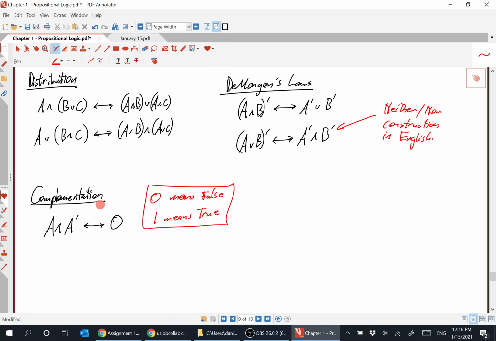So A and not A is simply false all the time. In this context, you use a 0 rather than an F. And then A or not A is just 1, that's true. So that's complementation.